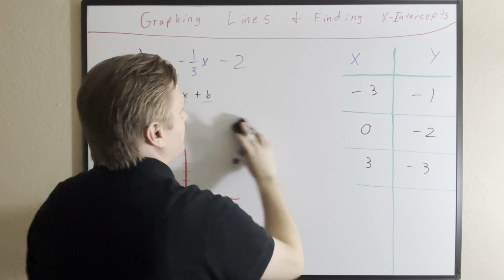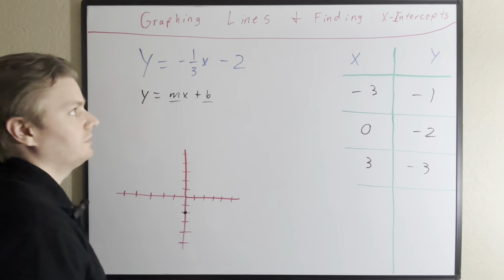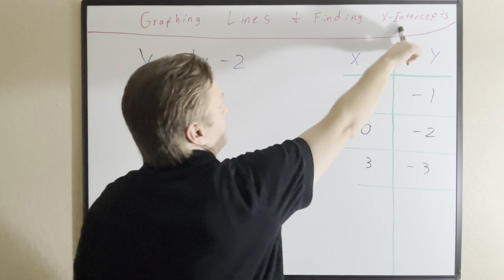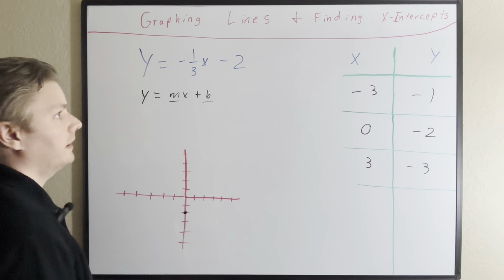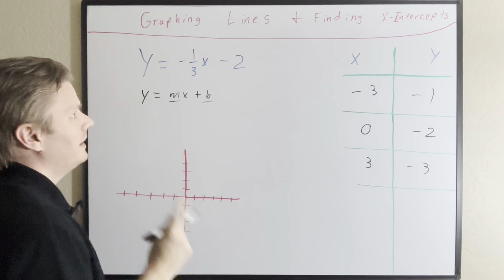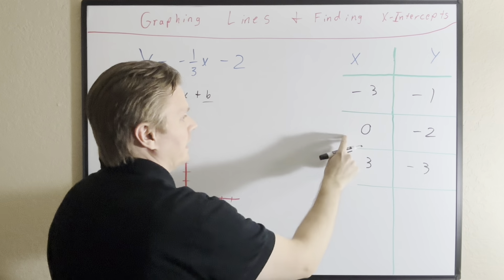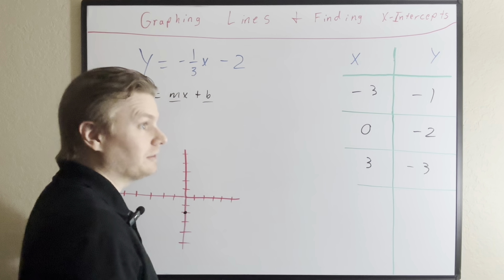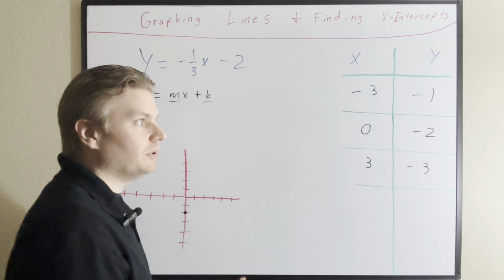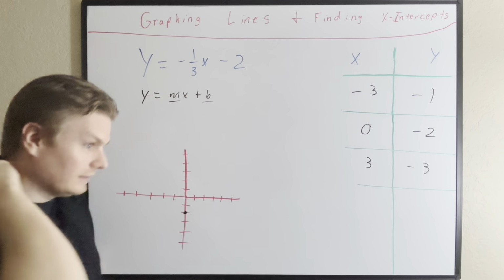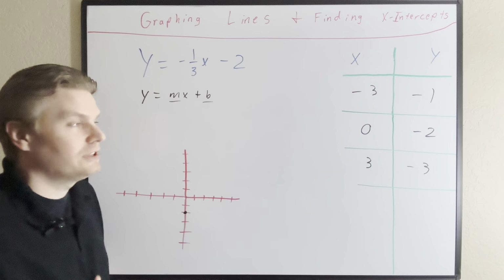But let's say someone asks for the x-intercept. Well, how do we find the x-intercept? Usually we plug in numbers for x, because that's our input. We just choose our input and we see what we get out of it, right? That's what we usually do.